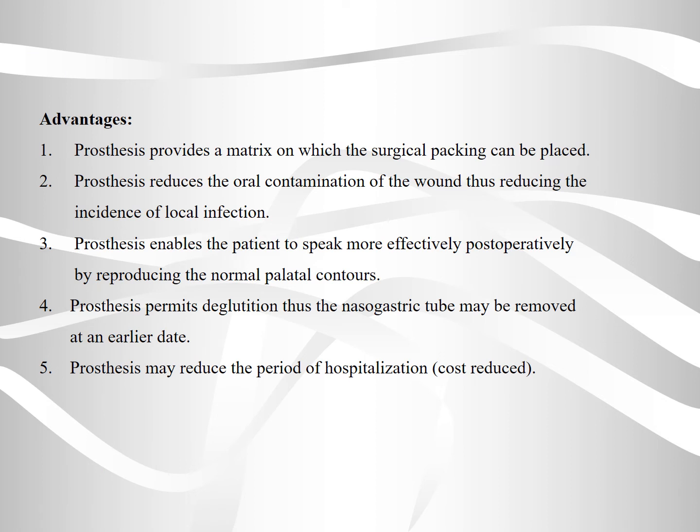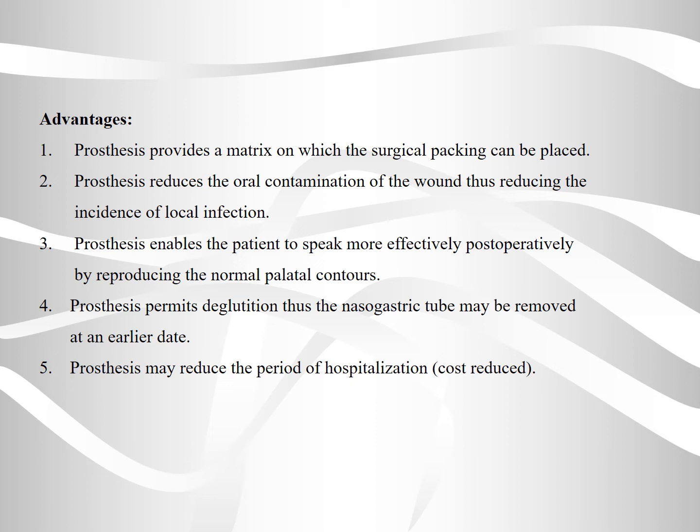The advantages of these obturators are: prosthesis provides a matrix on which the surgical packing can be placed. Prosthesis reduces the oral contamination of the wound, thus reducing the incidence of local infection.